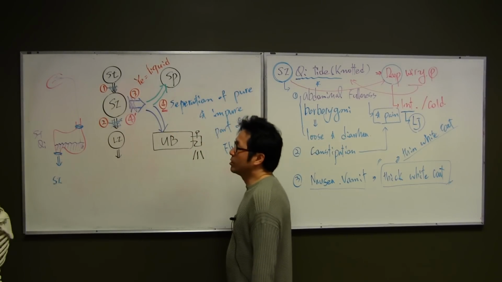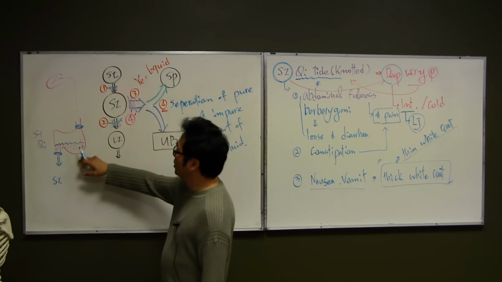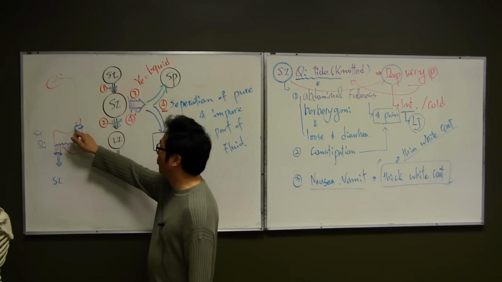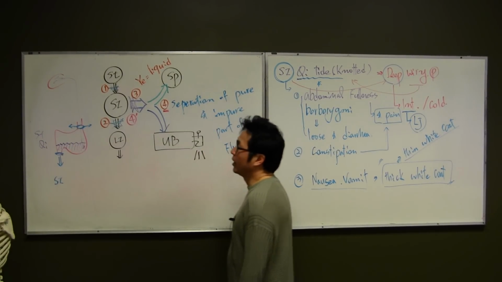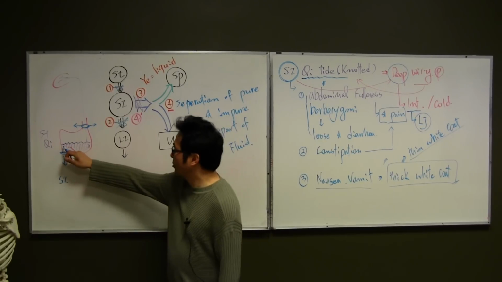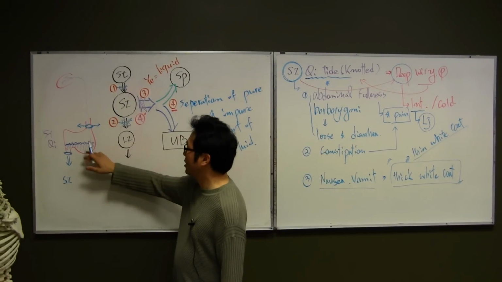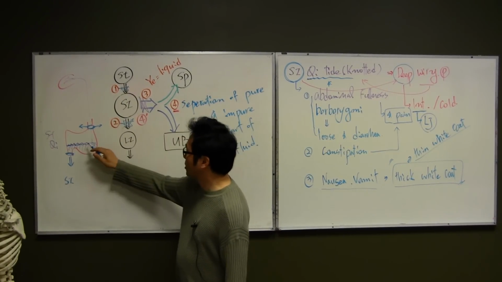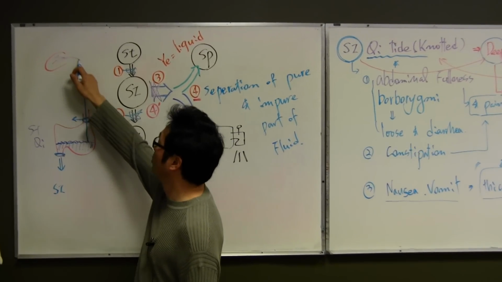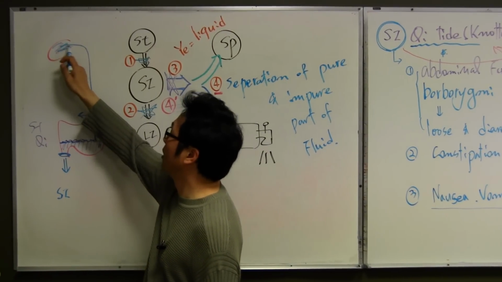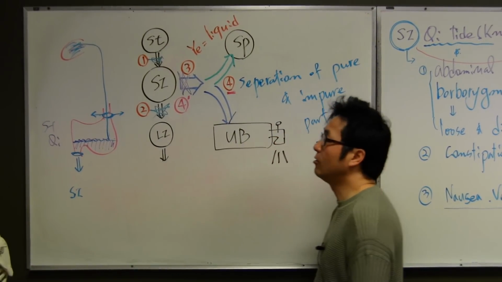Most of the transportation is done, and the upper orifice reopens to receive the next food. At that time, a small amount of chyme still remains inside the stomach, which is very warm, and this goes up to the tongue surface and mostly forms the tongue coat.